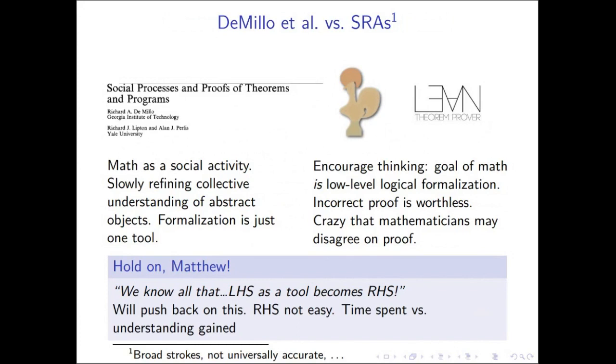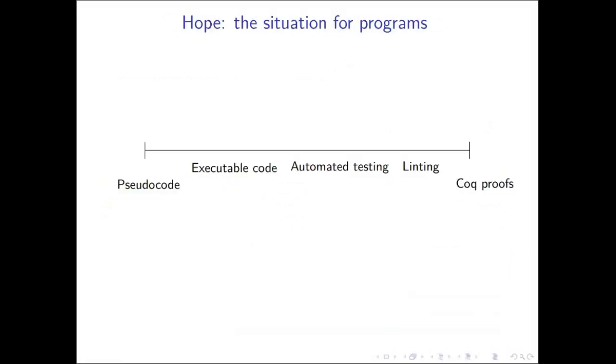And I think the main argument here, which I don't think is new, is that this kind of really sound proof assistance, where you're dealing with, I don't know, universe polymorphism, impredicative Prop and so forth, is not that easy for mathematicians to hop onto. And maybe there are more points on this time spent versus understanding gain curve than have been well explored. So I think to make this a bit more concrete, we can compare this to the situation for programs and for programmers, which I think brings a little bit of hope to the situation, right?